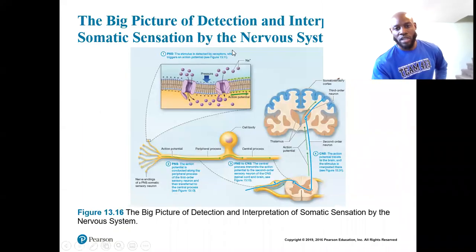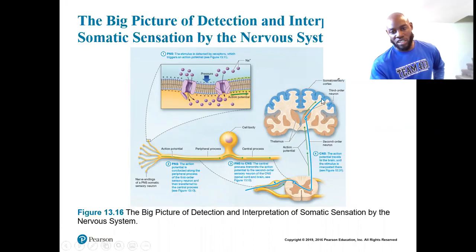And this is just showing you a diagram of mechanoreceptors sensing and sending the signal into the peripheral process, then the central process of the axon, and then into the spinal cord and up to the brain.